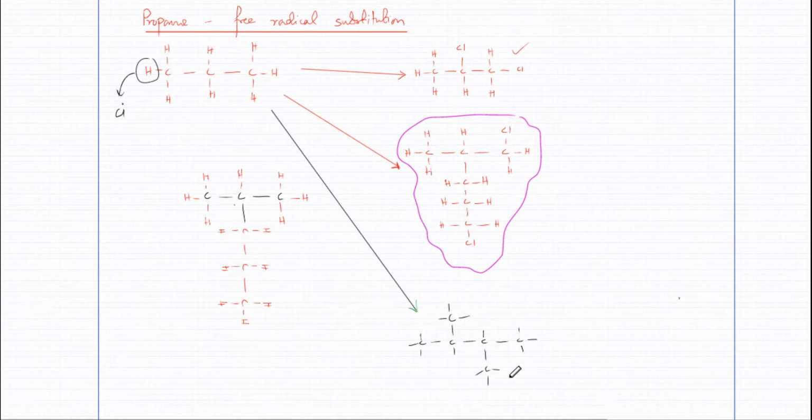Why? So I'm going to draw the carbon atoms only, just for clarity. I'm not going to draw the hydrogens around it. So maybe the middle carbon atom turns into a radical. Out of the 3 carbon atoms, maybe the middle carbon atom turns into a radical.